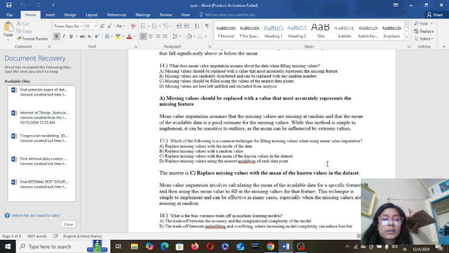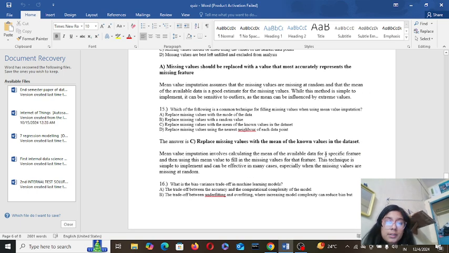While this method is simple to implement, it can be sensitive to outliers as the mean can be influenced by extreme values.